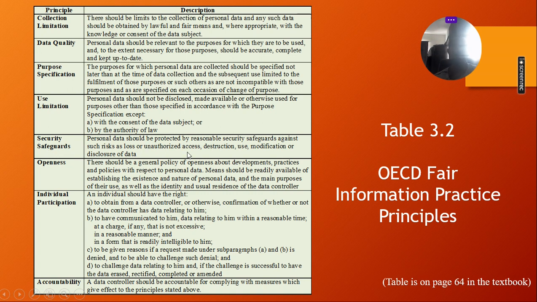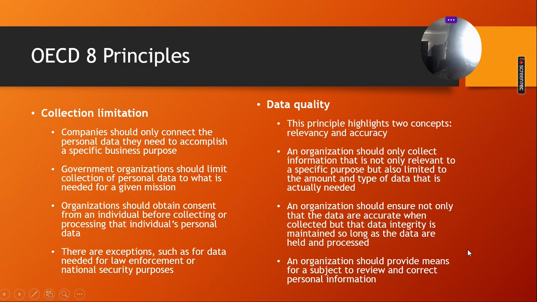Security safeguards, all of this they provided in their regulation. Openness, the person you are collecting from must know what you are using it for and how you're going to use it. Individual participation, they must also be involved and be told, and they have to sign an agreement. Accountability, this one also has to account for complying with the measures of information disclosure. So all of these are principles formulated in the regulations for how personally identifiable information could be used and treated. Right, now let's move on quickly to this side.